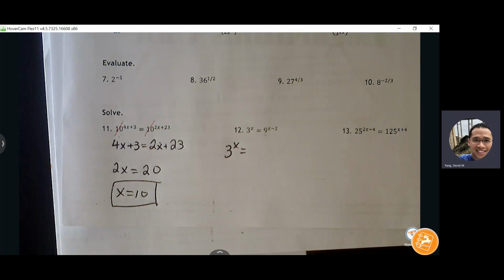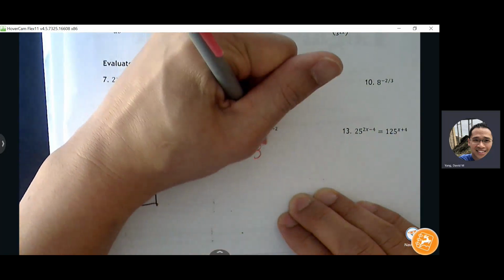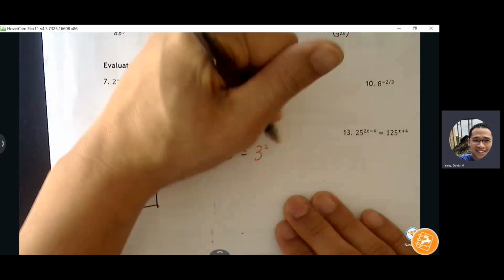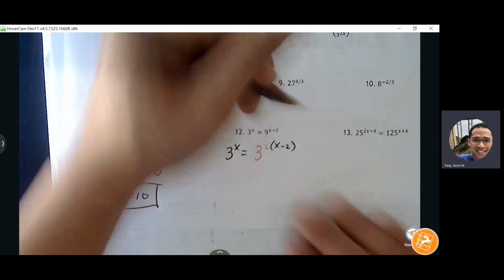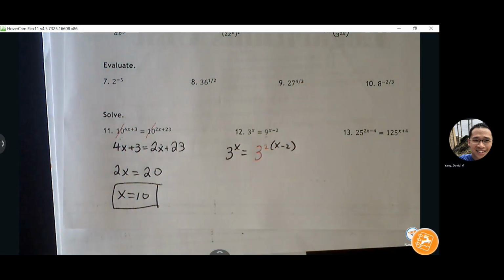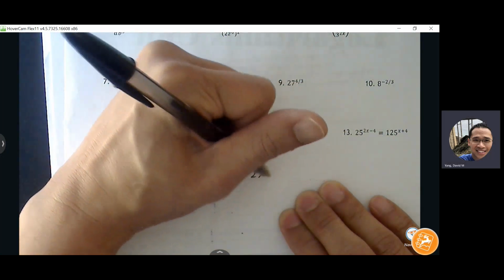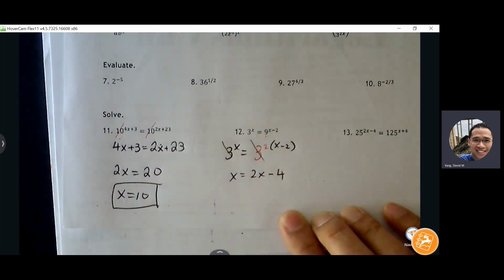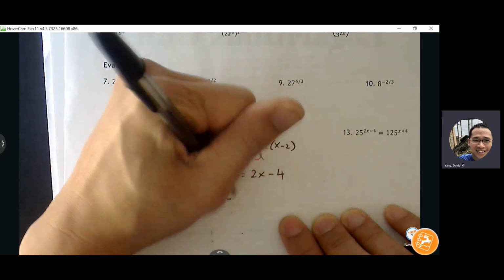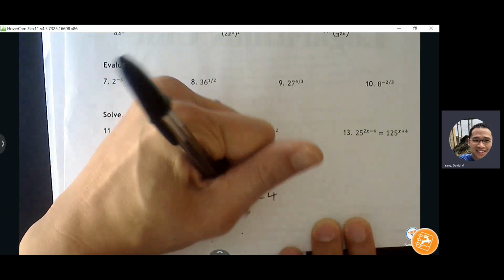So I'm just replacing that 9 with 3 squared, but everything else I'm going to leave alone. Once I replace that 9 with 3 squared, now the bases match. I can remove the bases and just focus on my exponents. Make sure you distribute that 2 through. Subtract 2x from both sides. Negative 1x equals negative 4.